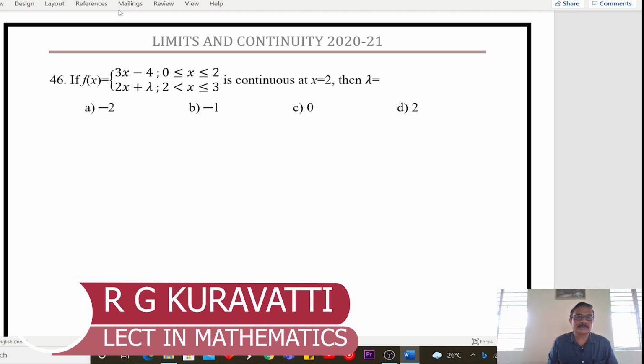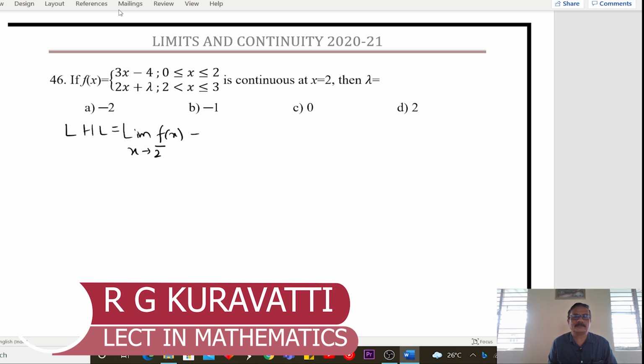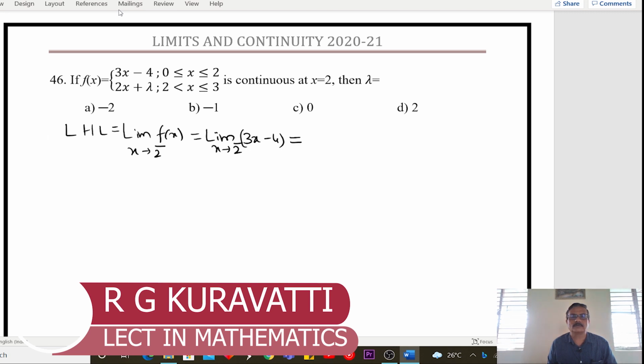LHL is the limit of f of x as x tends to 2 minus. 2 minus means select the function f of x such that x is less than 2. That is the first one, so its corresponding value is 3x minus 4. Now put x equal to 2: 3 2s are 6 minus 4, that is 2.